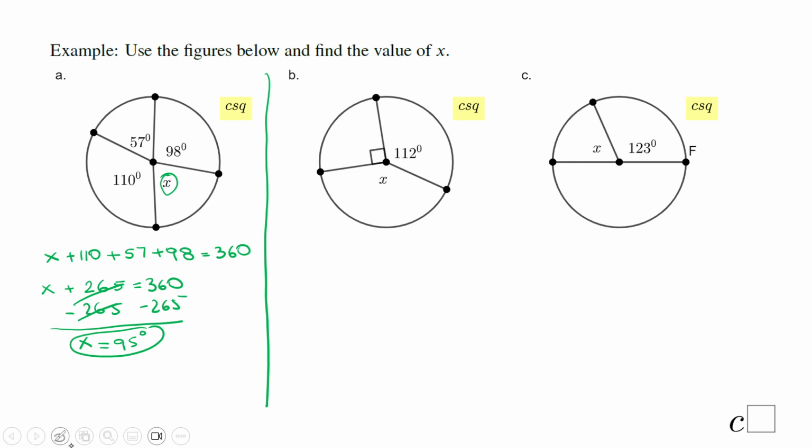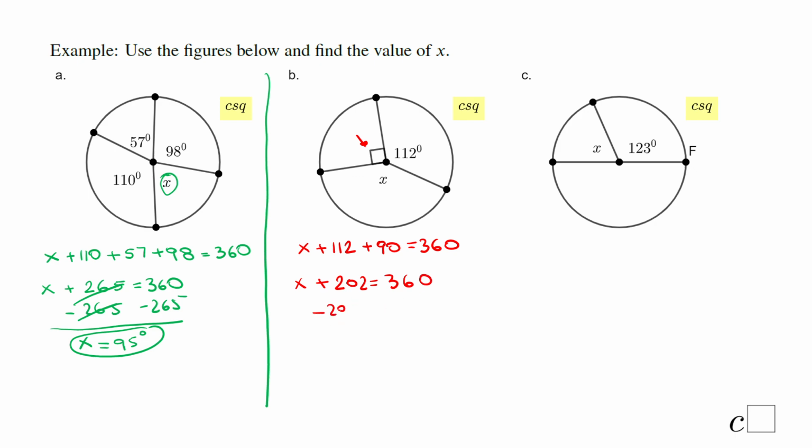Let's take a look at part B. Very similar. We're going to write an equation, x plus 112, and whenever you see a box like this, that will be 90 degrees, equals 360. So 112 plus 90 degrees is 202, equals 360.